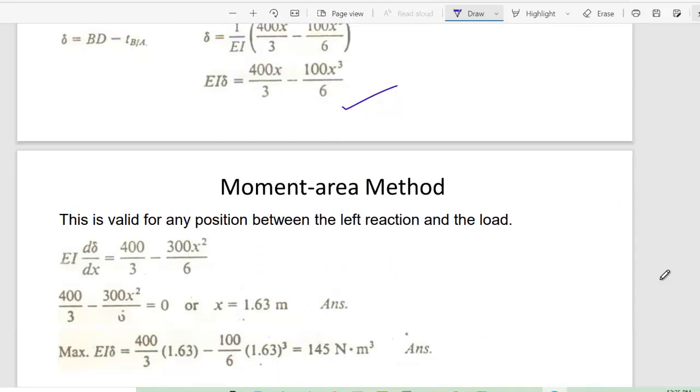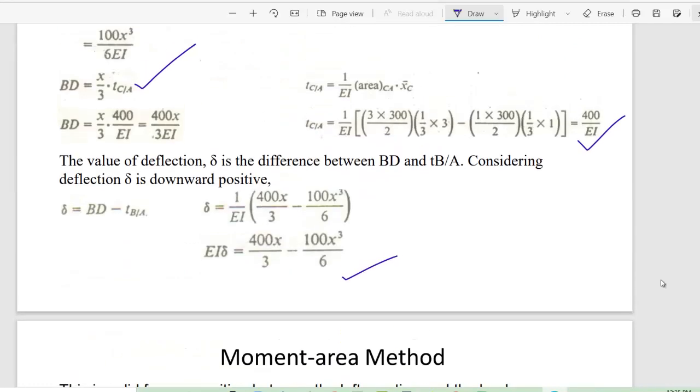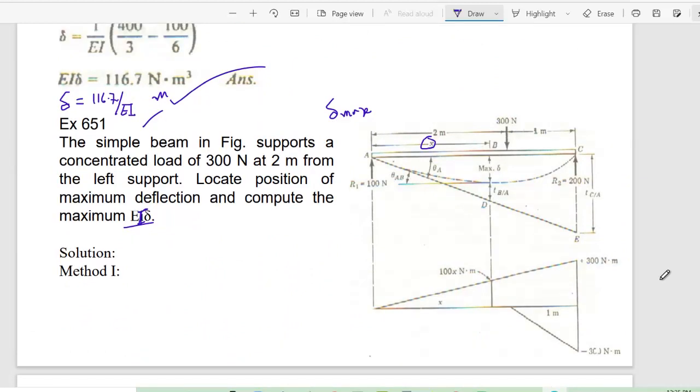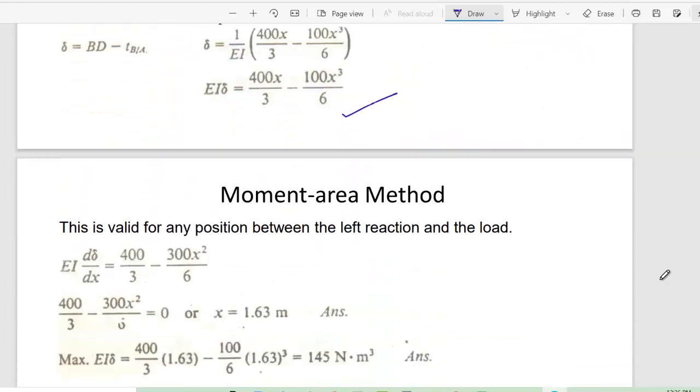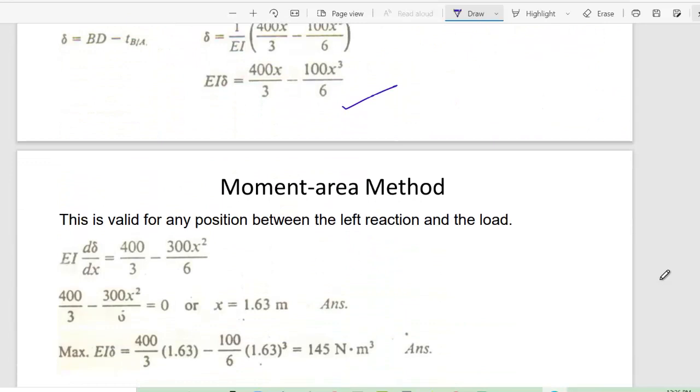This is valid for any position between the left reaction and the load, because we consider x from point A to this point. We assume this is the distance x, somewhere between these two, so that we have a chance to get the slope between these.